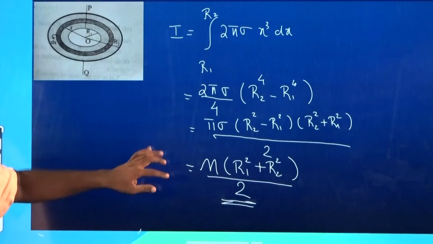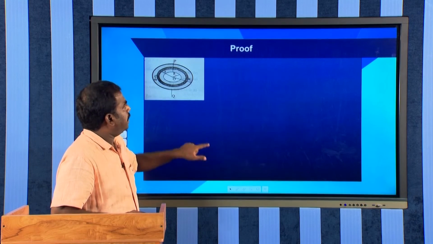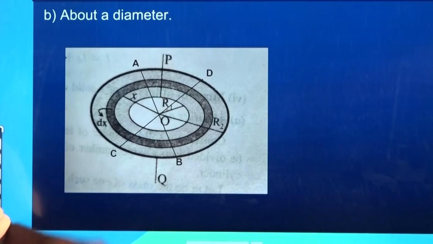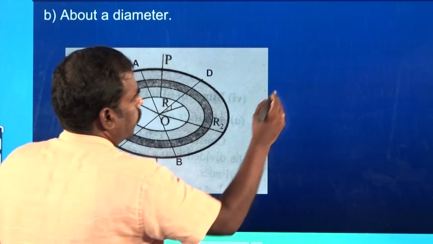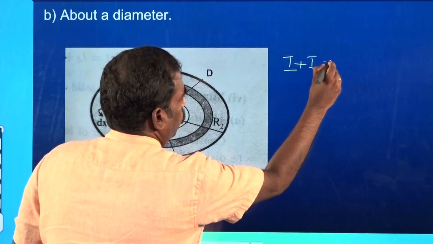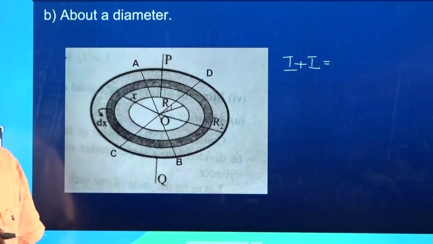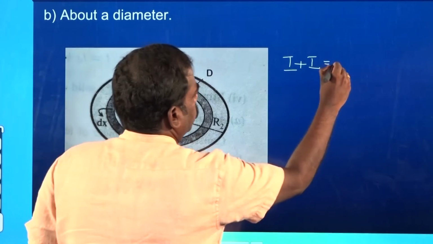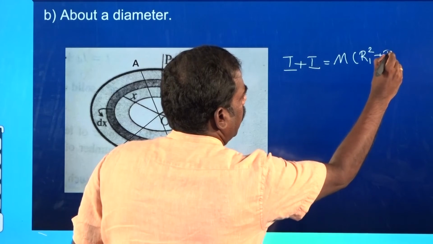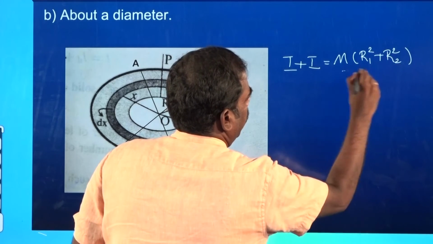Similarly, you will get the moment of inertia of the same annular disk about the diameter. About the diameter, we can use the perpendicular axis theorem: I plus I equal to M into R1 square plus R2 square by 2.